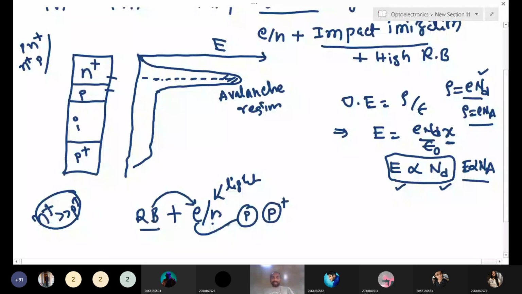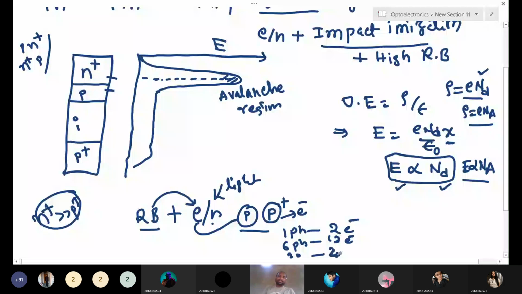So this process will continue. That's why one photon creates two electrons; suppose 6 photons create 12 electrons, 20 photons create 40 electrons. This is the multiplication process.